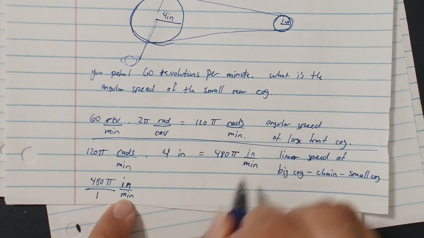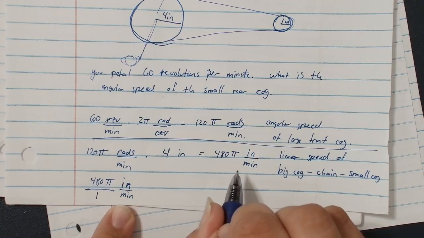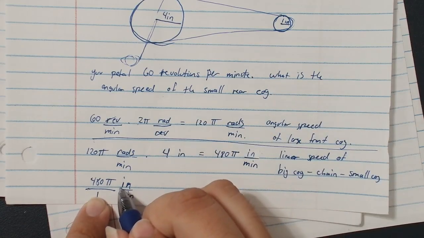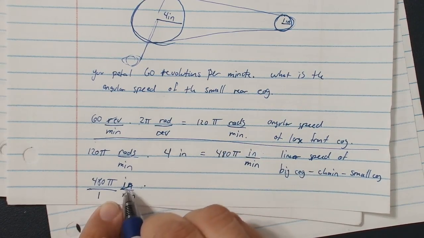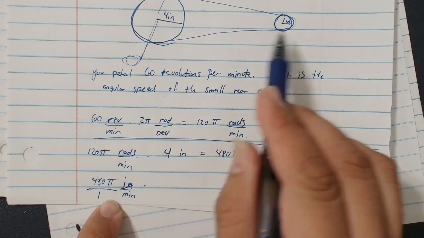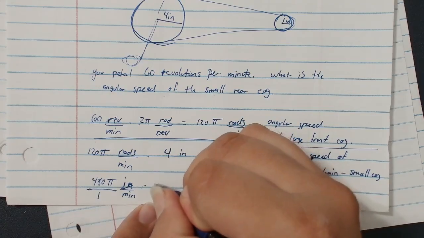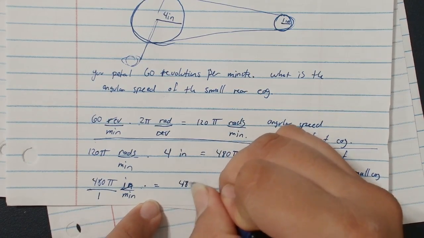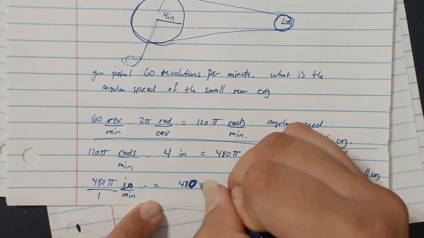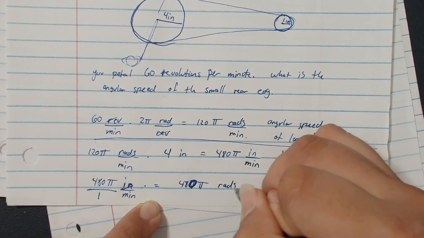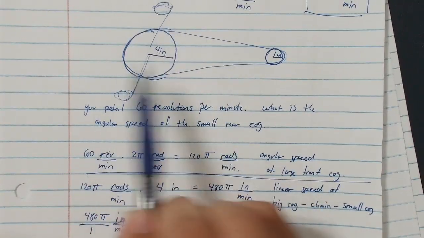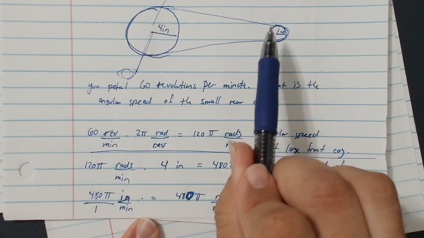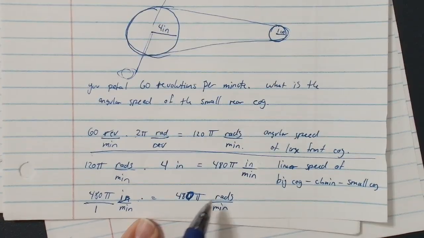But then we're dividing by 1 inch, so that's going to get rid of this here since we're dividing out the inches, and that leaves us a unitless measure over minutes. Or a unitless measure for an angle, that's got to be radians. So here that gives us 480 pi radians per minute. So if you pedal this one 60 times every minute, the angular speed back here will be 480 pi radians per minute.